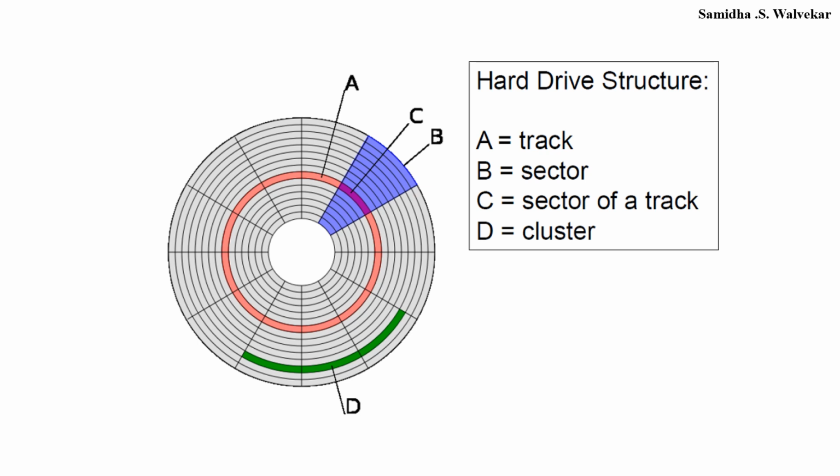The tracks are given in red color, that is point A, which is a concentric ring on the surface of the hard disk. Point B is the sector, which is given in blue color. And C, as we know that each track consists of sectors, so C point is the sector of a track and the green point is the cluster.